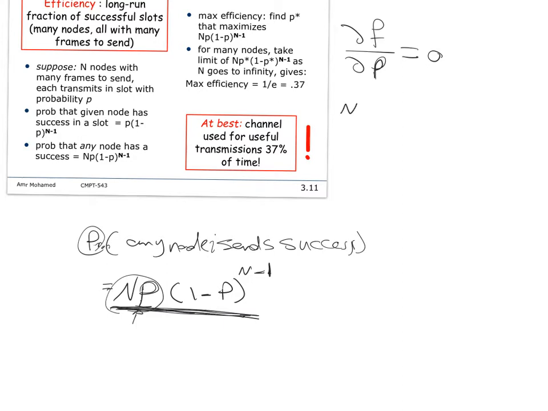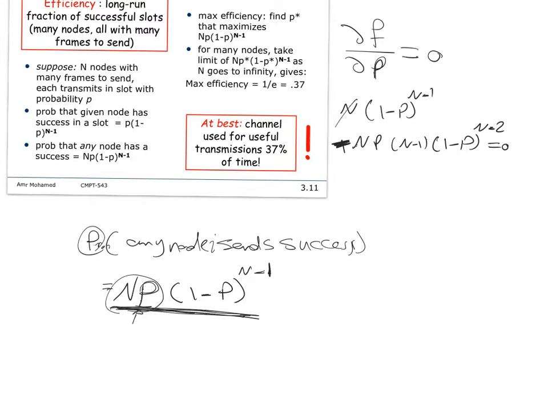It's n, multiplied by (1 minus p) to the power n minus 1, plus the other side: np, and then the derivative of (1 minus p) to the power n, which is n minus 1 multiplied by (1 minus p) to the power n minus 2, and then multiplied by the derivative of the inner term, which is minus 1. And then we set everything to 0.